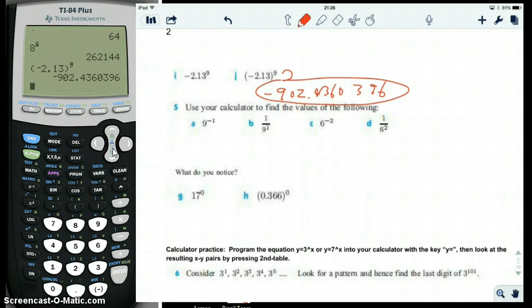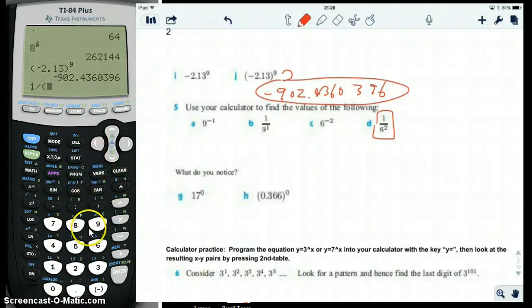Use your calculator to find the values of the following. So let's do this one here. 1 over 6 to the second. 1 divided by, and then we need to be careful here just to make sure that with PEMDAS everything works out.